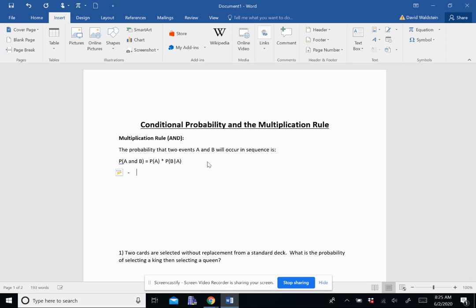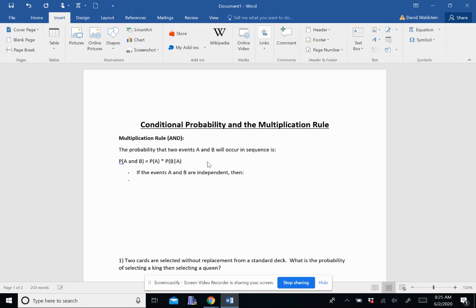Another note about the multiplication rule is if the events A and B are independent, then I don't need to care about that given thing because the given won't even matter.